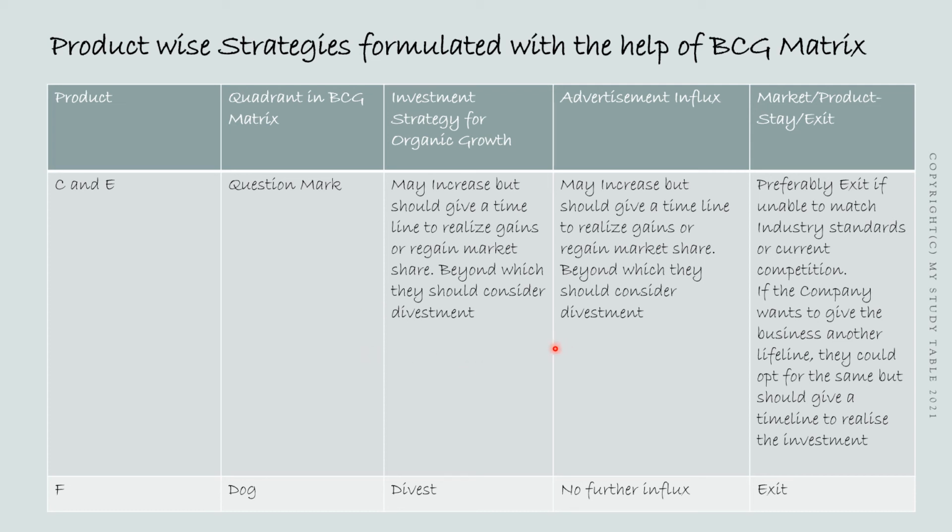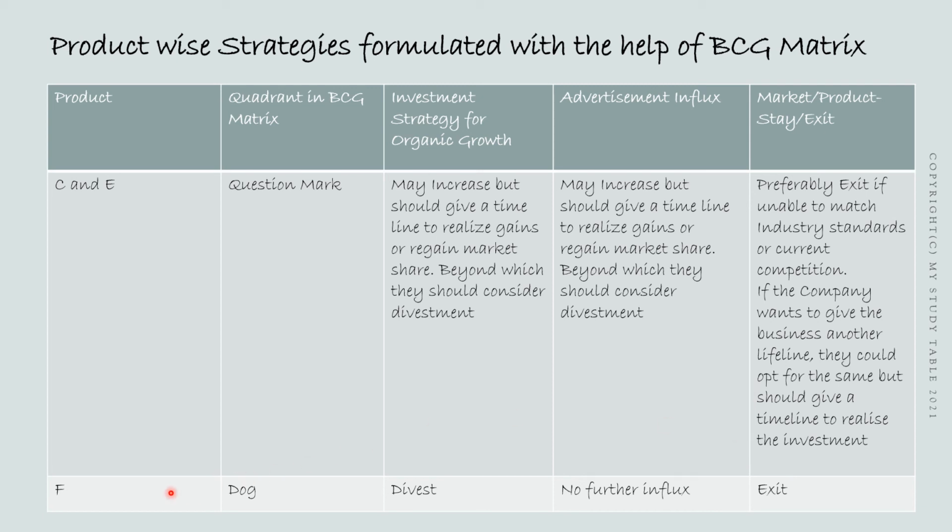The advertisement influx, they may increase the influx but should give again a timeline to realize the gains or regain the market share, beyond which they should consider divestment. The product or the market strategy here, preferably exit if unable to match industry standards or current competition. If the company wants to give the business another lifeline, they could opt for the same but should give a timeline to realize the investment.